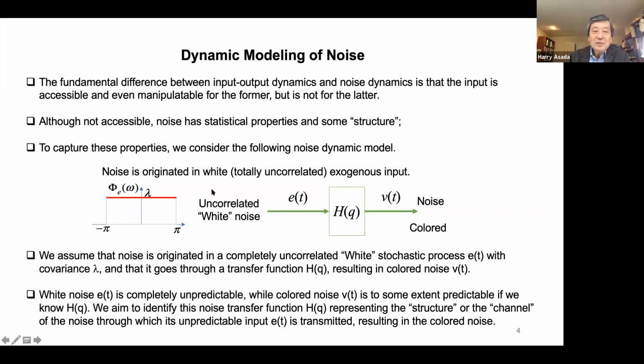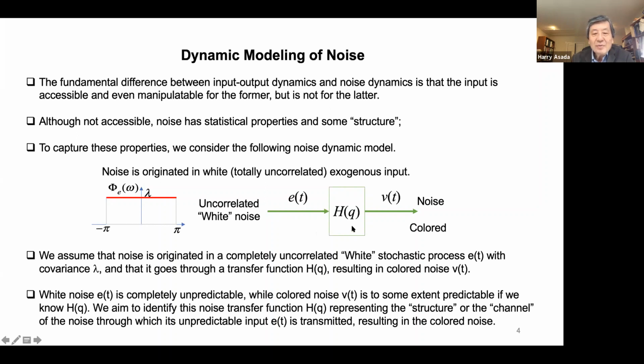Okay, so this is the big hypothesis. We basically assume that the noise that comes in, which is somewhat observable, originates in some random process that is actually white noise, okay? Totally uncorrelated white noise having this power spectrum, with strength lambda.